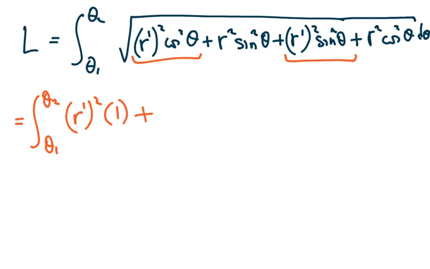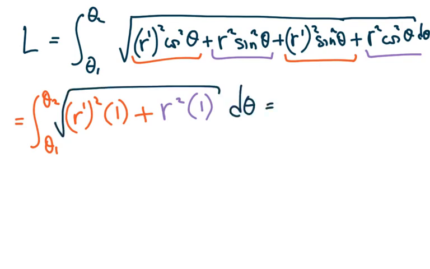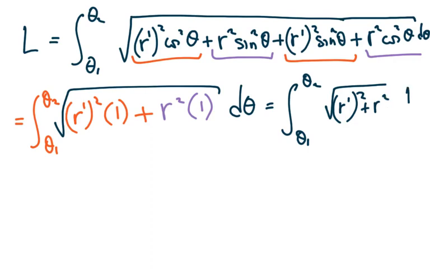And plus, observe that the other ones, these two, have r squared in common, and again what remains in one and the other is sine squared plus cosine squared, so it will be r squared times 1. And so the final simplification here gives just the square root of r prime squared plus r squared.